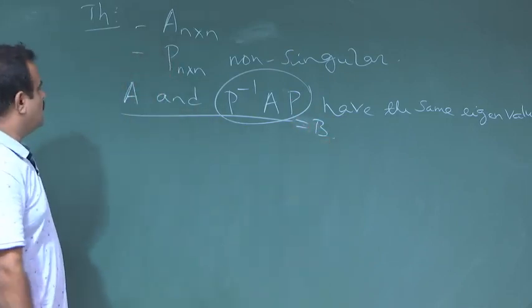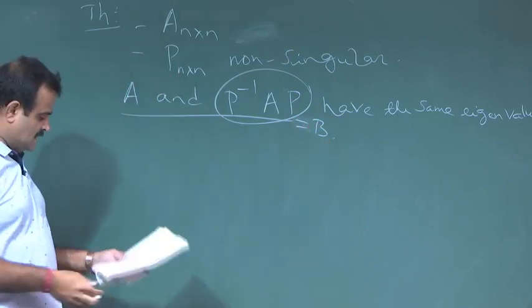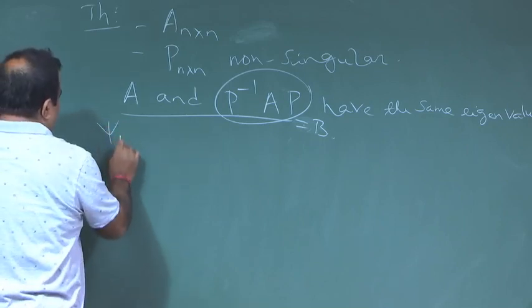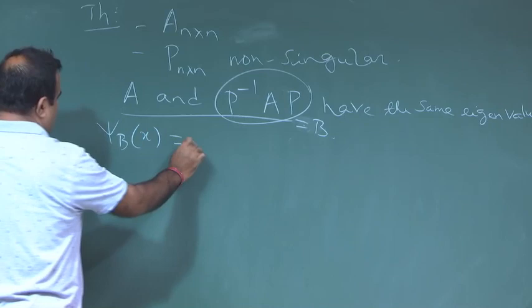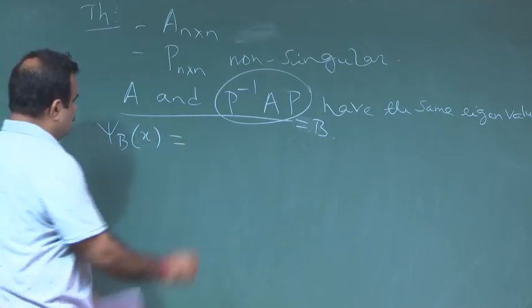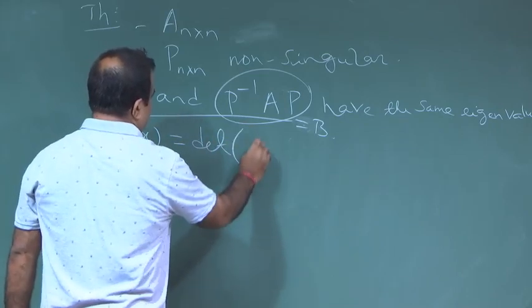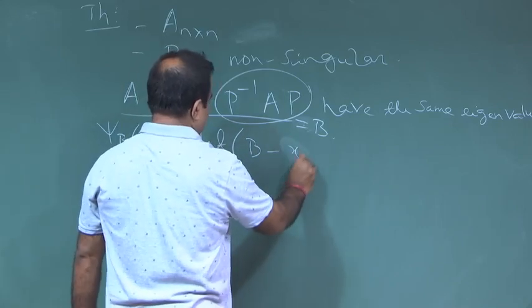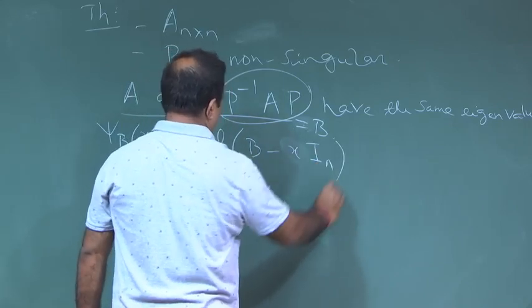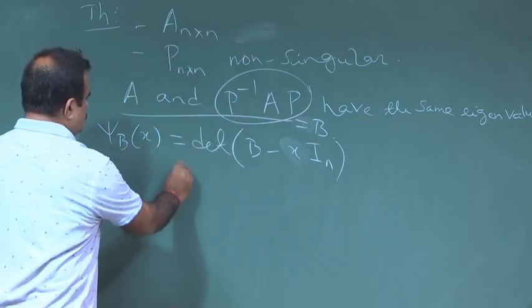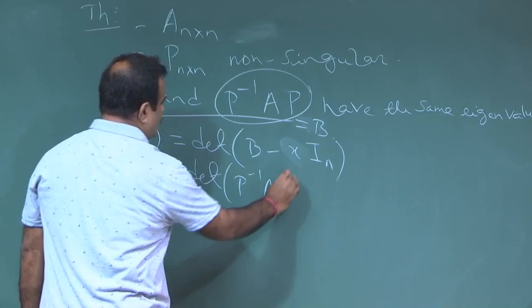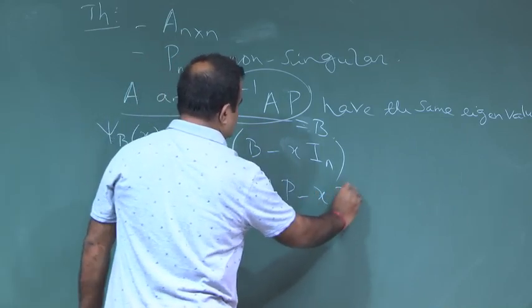So, we have to show that the characteristic polynomial of A is the same as the characteristic polynomial of B. What is the characteristic polynomial of B? It is basically the determinant of B minus x I_n. So, let us write B. B is P inverse A P minus x I_n.